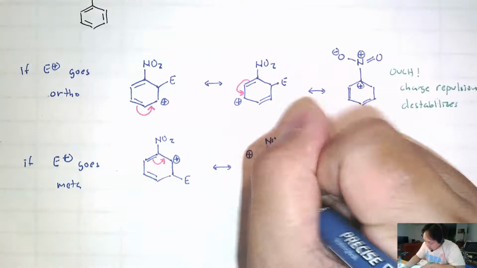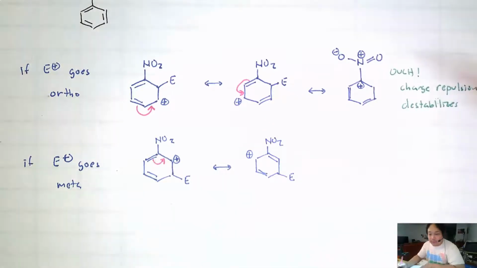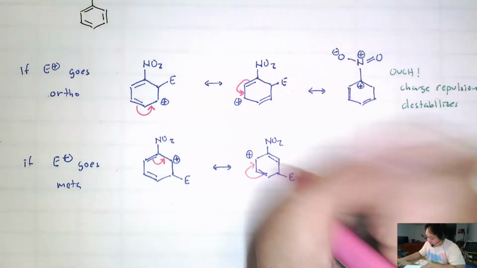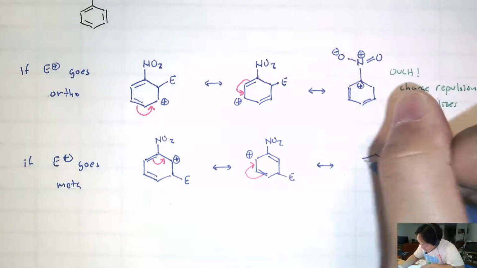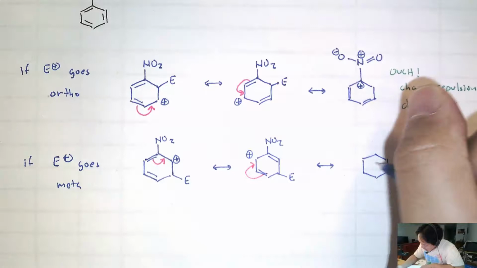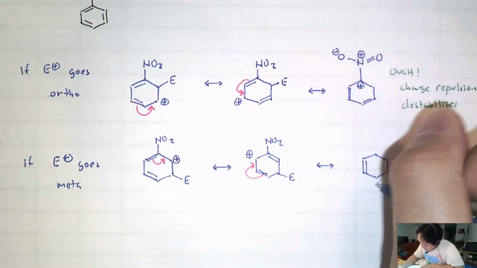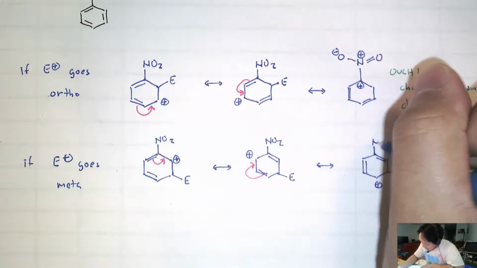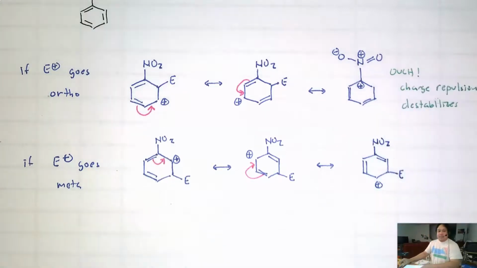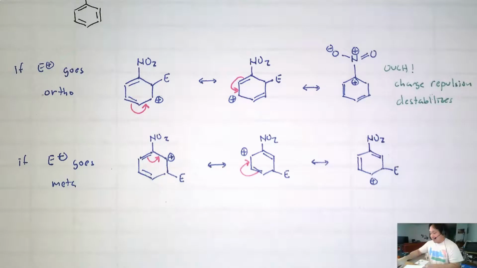NO2. Okay. Final move. Move this here. Double check my work. The bad contributor for our first row of structures is this one right here.